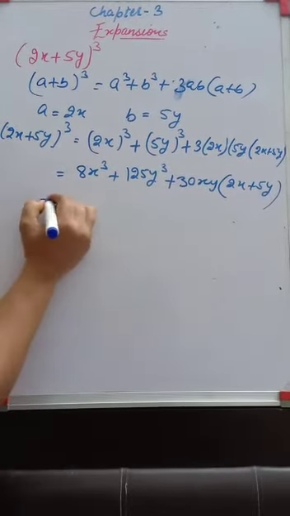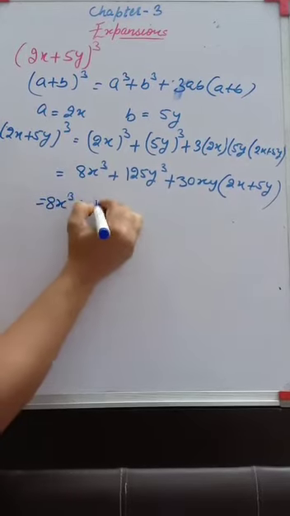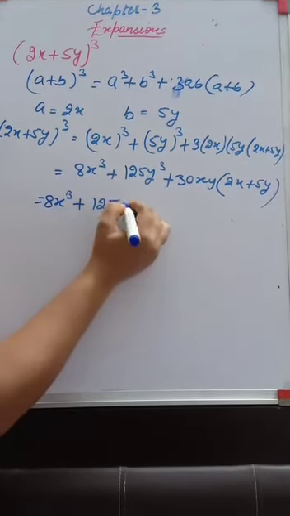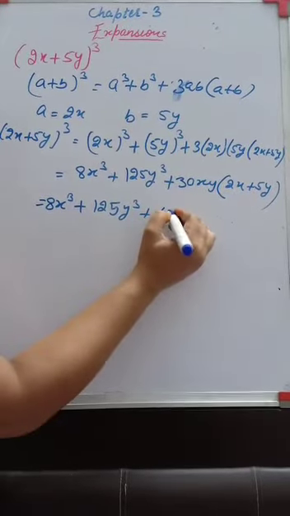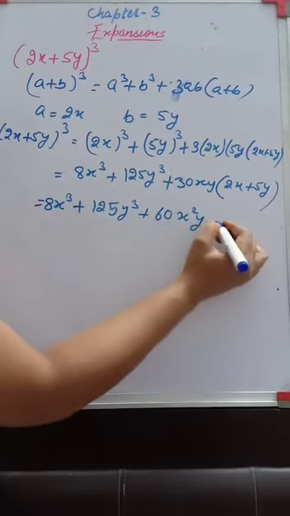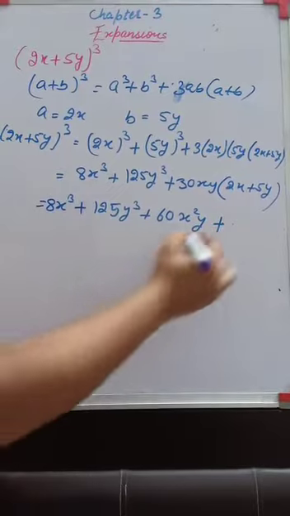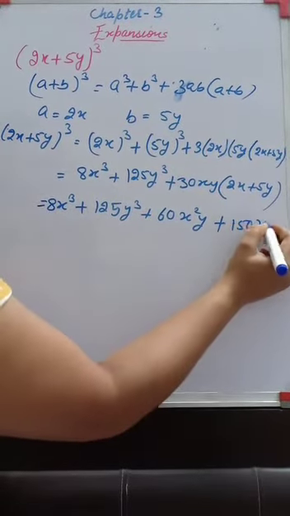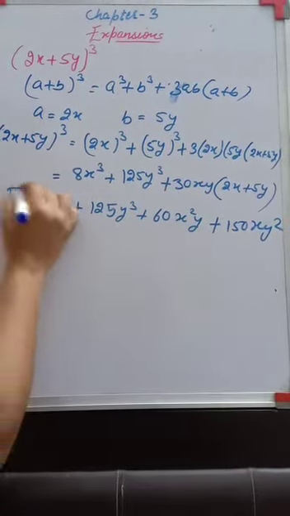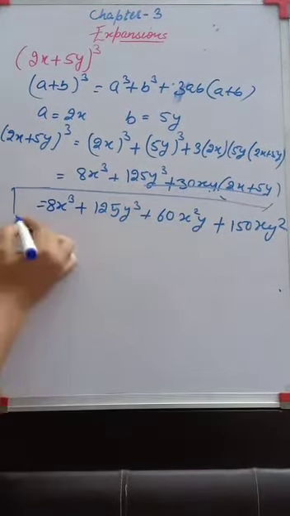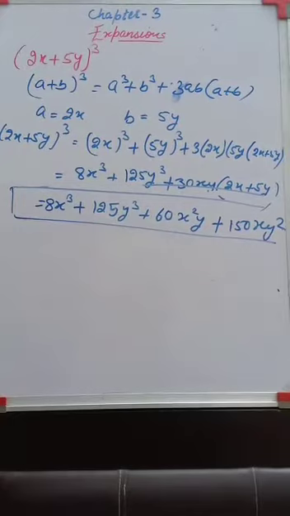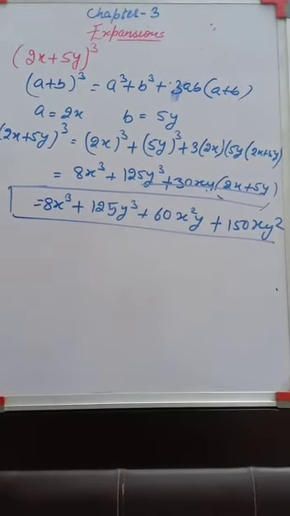So what will I get? 8x cube plus 125y cube plus 30xy into 2x, so it will become 60x square y plus 150xy square. That will be the expansion of 2x plus 5y whole cube.